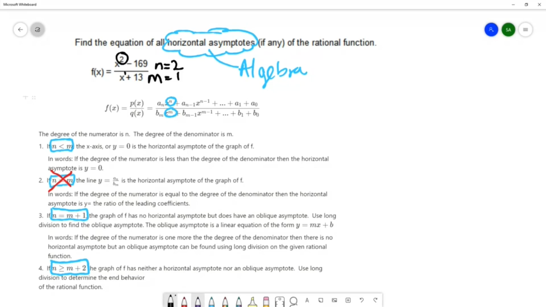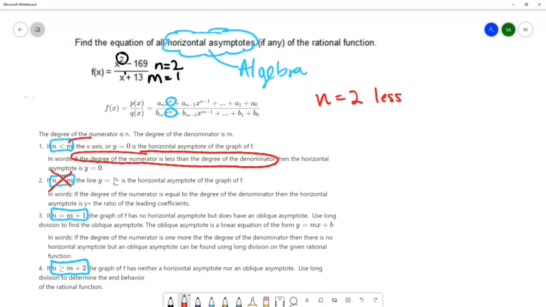Okay, so when we look at this first one, n is less than m. So I'm going to translate that to words. That says the degree of the numerator is less than the degree of the denominator. You can see that that's not true.